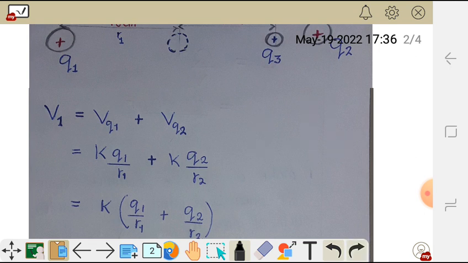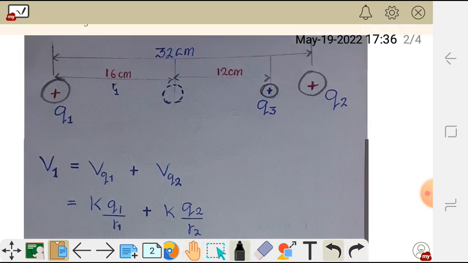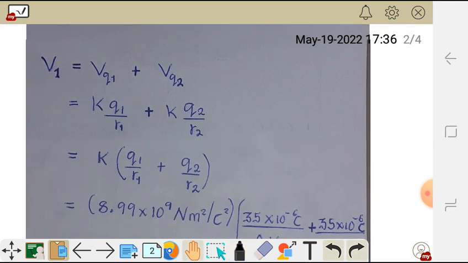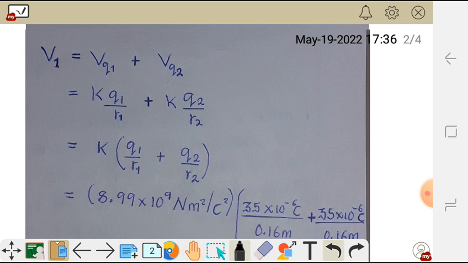Then VQ2 will be K, charge Q2 over the distance R2, which is the distance from Q2 to the point of interest where we want to find V1. Before replacing the numbers, you can factorize K: K times Q1 over R1 plus Q2 over R2.